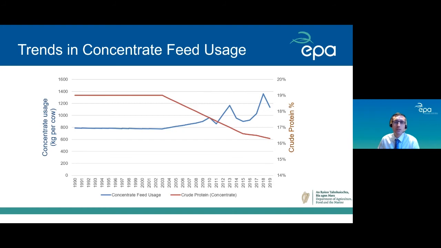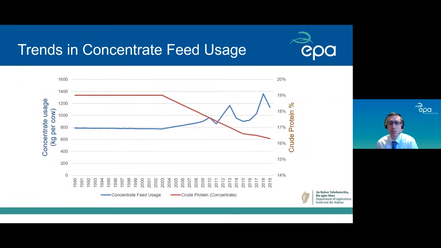So just to look at how the trends have changed and how we want to represent these changes in the inventory. If we look at a timeline of concentrate feed usage, which is the blue graph here, over time there has been an increase in feed usage on a per cow basis overall, and this has been driven by increased activity, and particularly increased outputs of milk and such like.